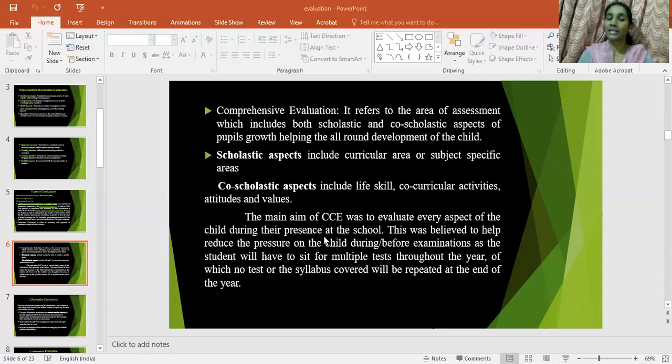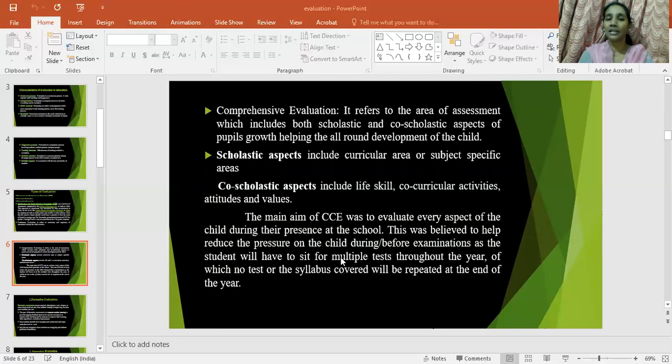During their presence at the school, when the students are there in the school, that time only we have to evaluate the students. And this was believed to help reduce the pressure on the child before examination, as the students will have to sit for multiple tests throughout the year.